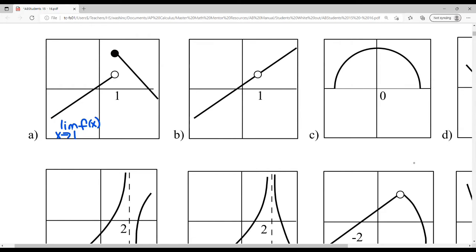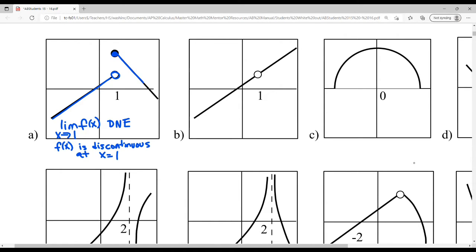Well, the right-hand side would be this number. The left-hand side would be this number. And since those don't match, the limit in this case doesn't exist. And since the limit doesn't exist, we can say this graph, f of x, is discontinuous or not continuous at x equals 1 because the limit doesn't exist.